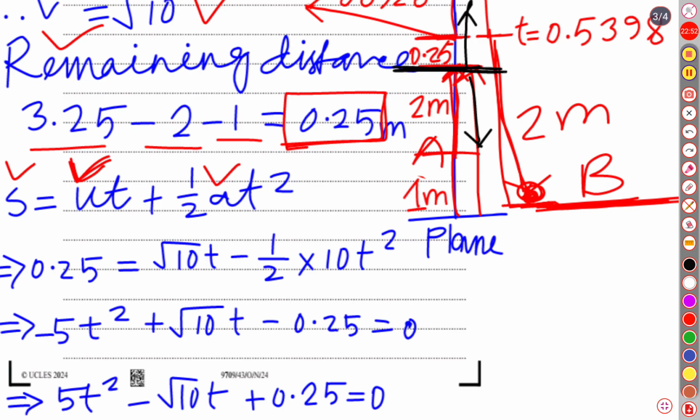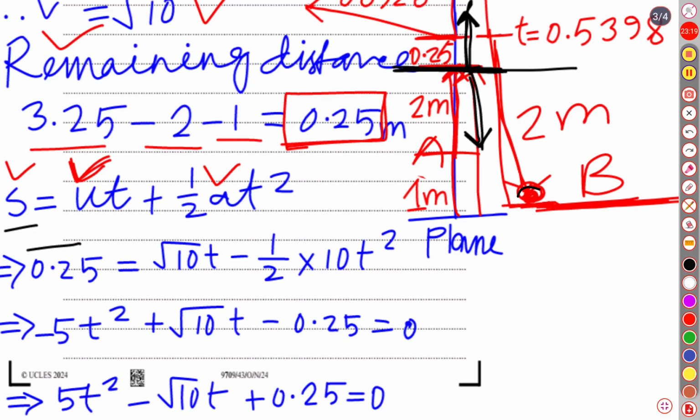So the final velocity for the lower part must be the initial velocity for the upper part, because the particle is on the move. So our displacement is 0.25, because we are going to calculate the time when it covers at least 0.25 meter distance. Then the initial velocity was 2.